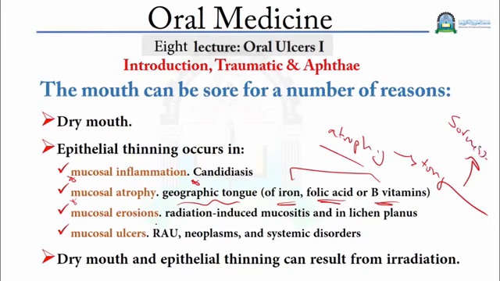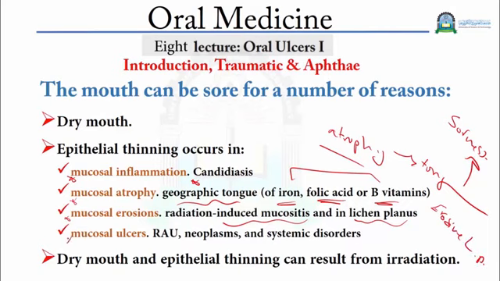Mucosal erosions can also be caused by radiation-induced mucositis and in lichen planus, one type of which we call erosive lichen planus.